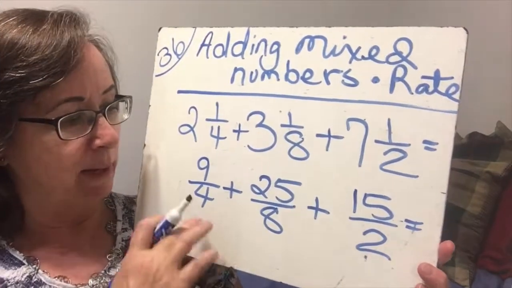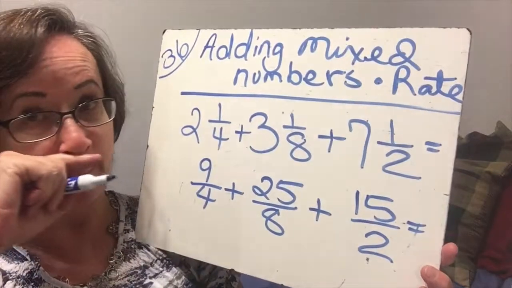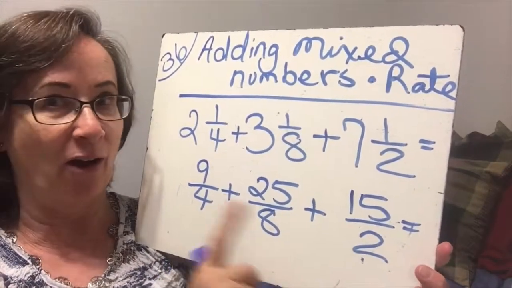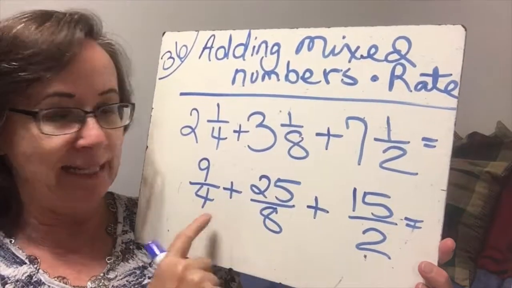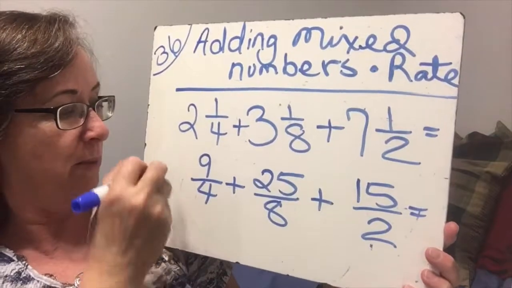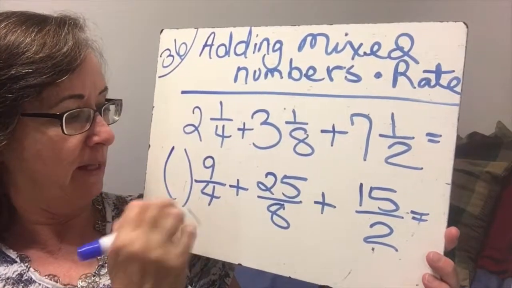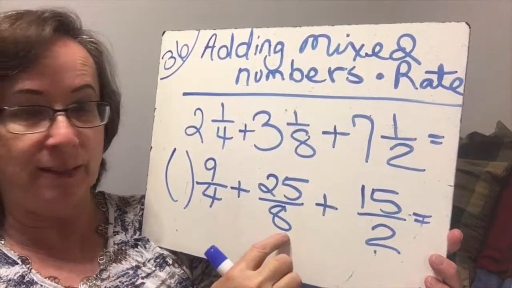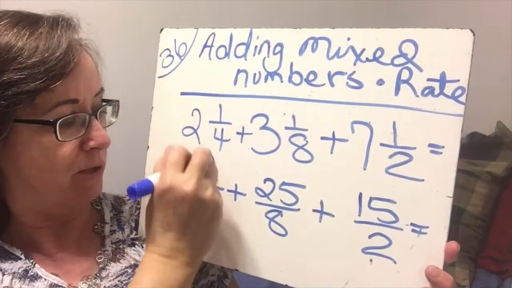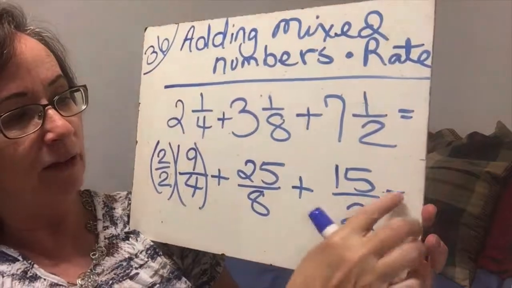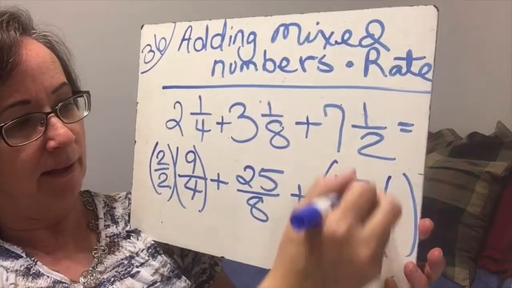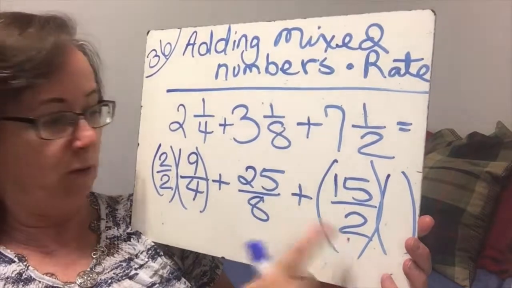So we're going to look and say, what is the smallest denominator of all? And we have an 8. I mean, the largest denominator that all of them go into. An 8 has a 4 in it, and 8 has a 2 in it. So we're going to multiply this one. 4 times 2 is 8. So we're going to multiply by 1 in the form of 2 over 2. And then over here on this side, we need 2 to go to 8.